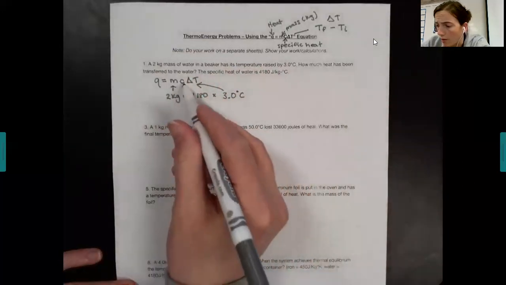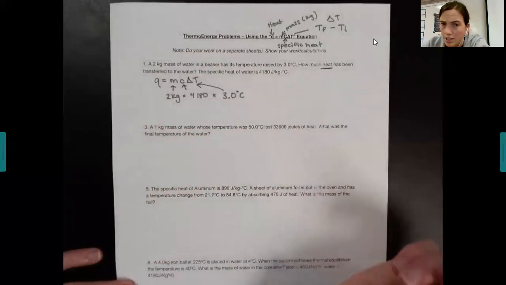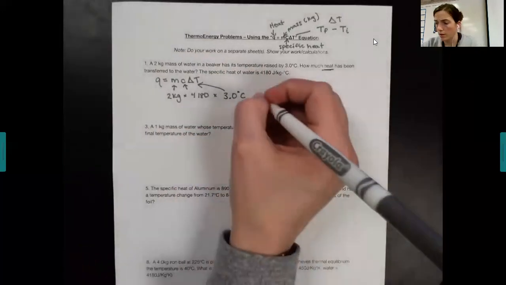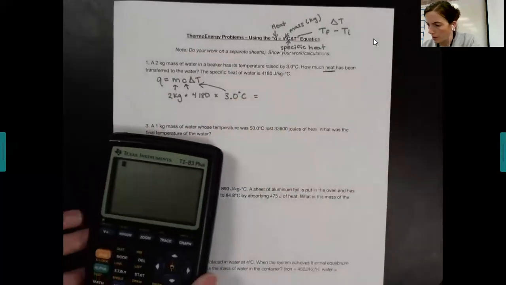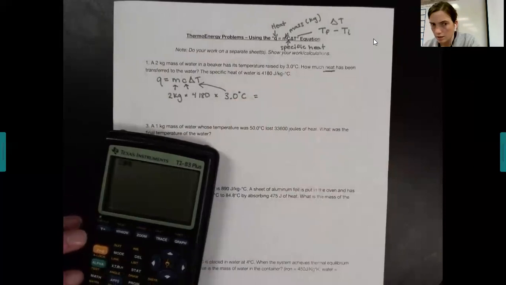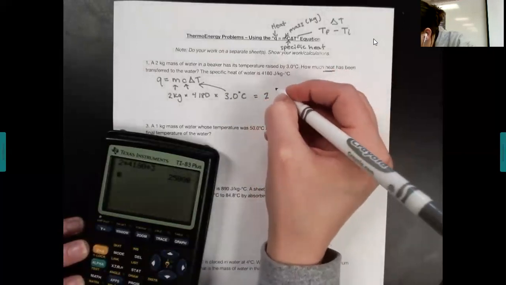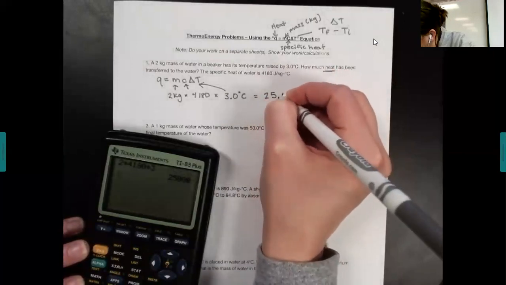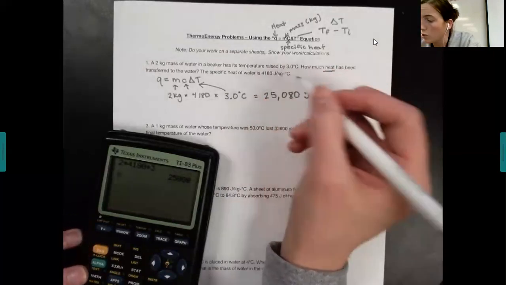All right, so we have everything we need, and then it's asking us to figure out how much heat was transferred. So I am going to do 2 times 4180 times 3, and that tells me that we have 25,080 joules of heat has been transferred to the water.